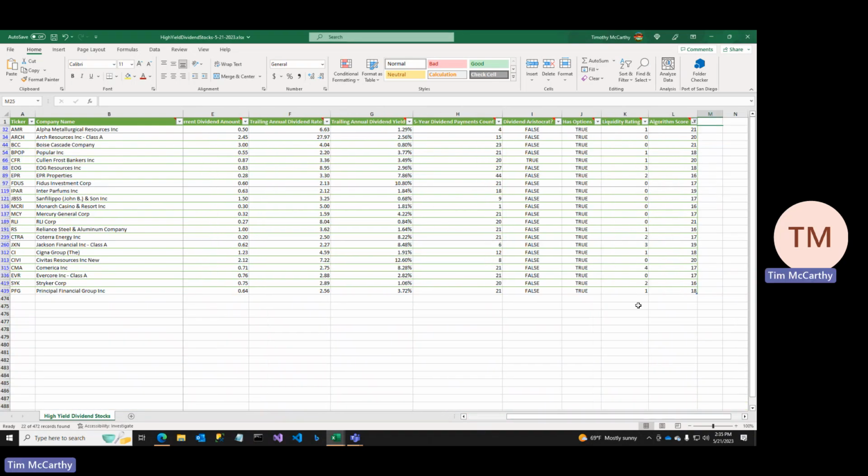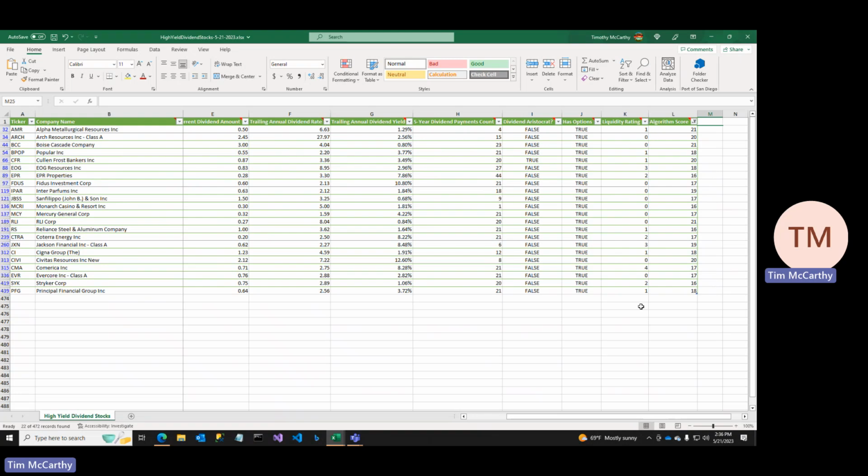The next thing I want to do is use my proprietary liquidity rating system, because I want to be able to get in and out of these trades. If something has low liquidity, either you're not going to really get out of your trade, or you're going to accept a much lower premium or price on the stock.